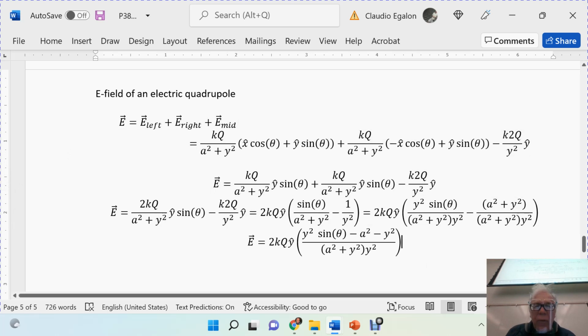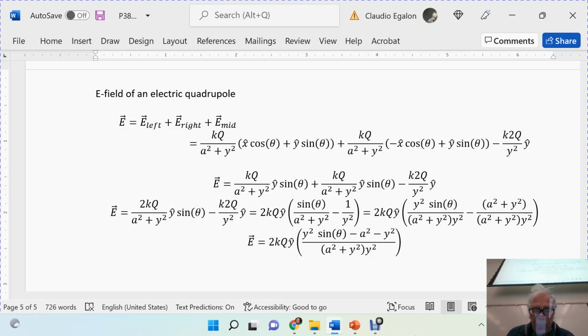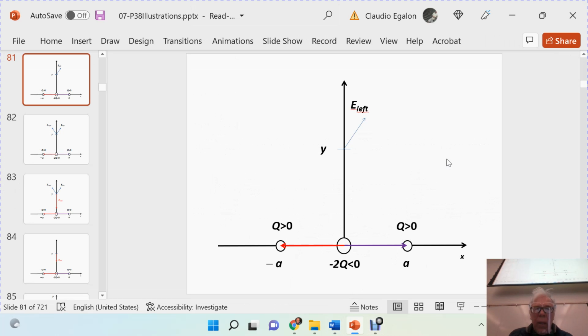I'm going to get the sine too. We're going to write the sine here. The sine of theta is this angle right in here. Sine of theta is going to be this angle here as well. It's going to be y divided by this length right in here.